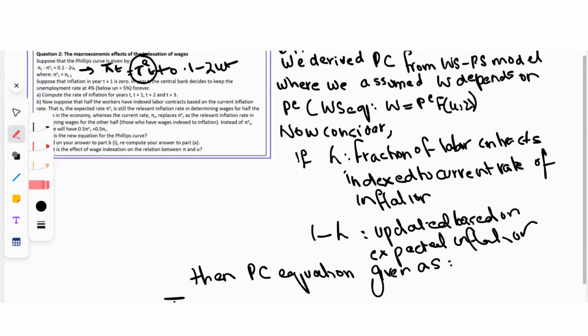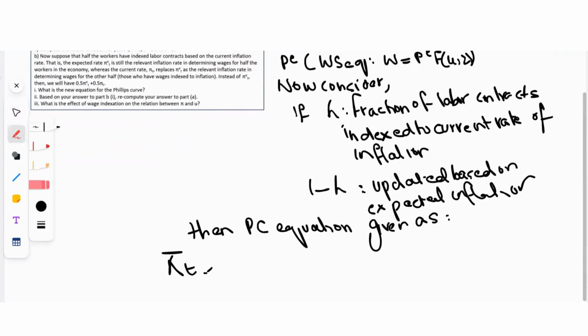But now a certain fraction is indexed to the current rate of inflation, and the remaining are only updated based on expected inflation. So now when I write my Phillips curve equation, instead of pi e t, we have lambda pi t plus 1 minus lambda pi e t, and then the remaining is the same.